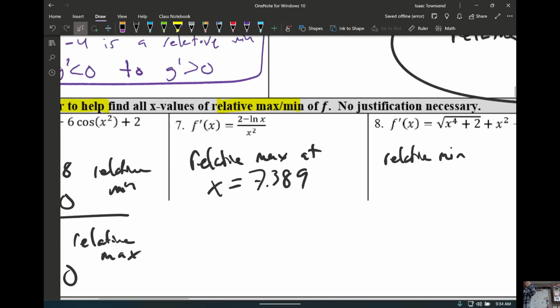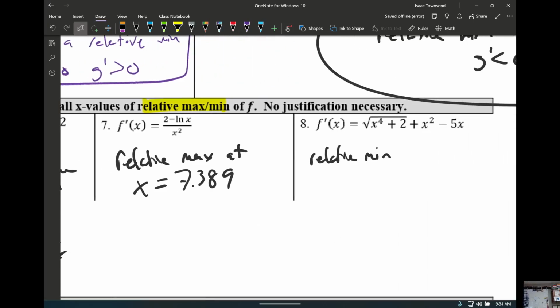Oh, and I put down the justification for question 6, but it actually says you don't even have to justify. Just tell the x values of relative mins and the x values of relative maxes with 3 decimals of accuracy.